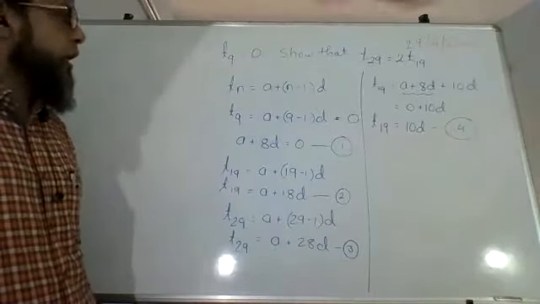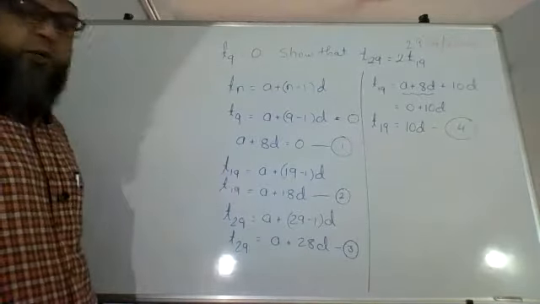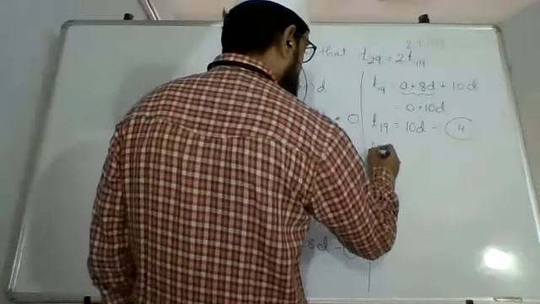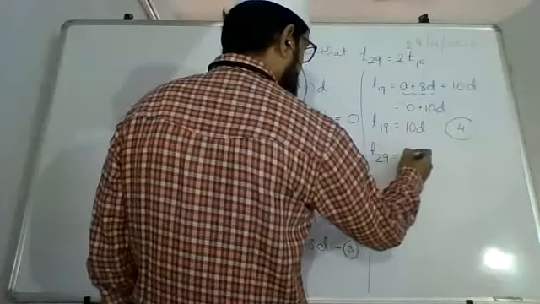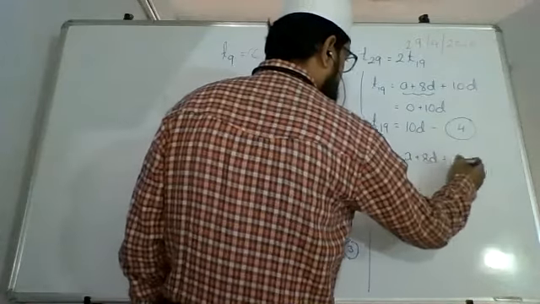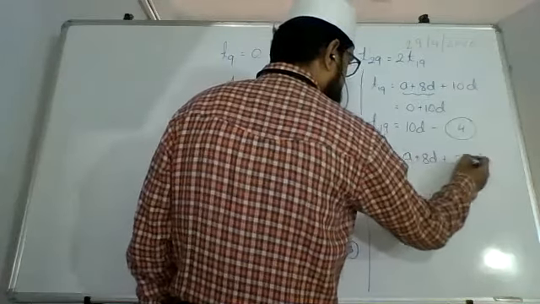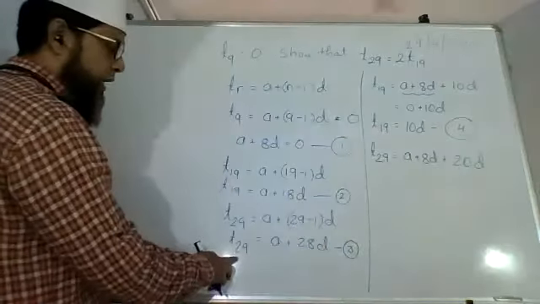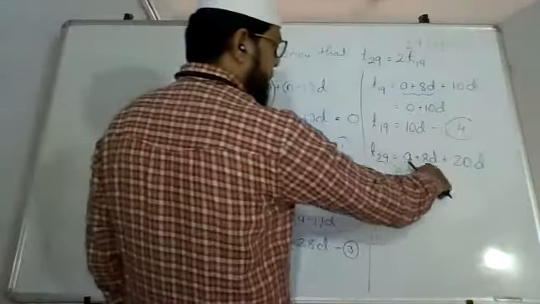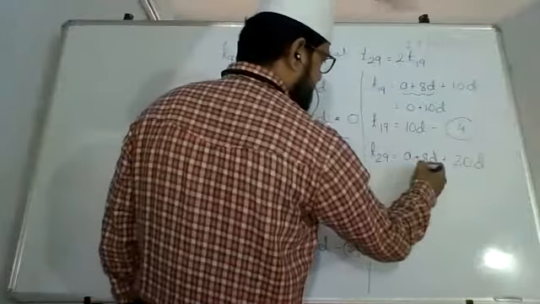Then we have T29 equals A plus 28D. T29 equals A plus 8D plus 20D, because T29 is A plus 28D. Now 28D I'm splitting up as 8D plus 20D.